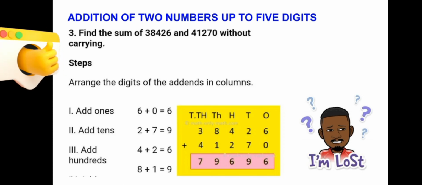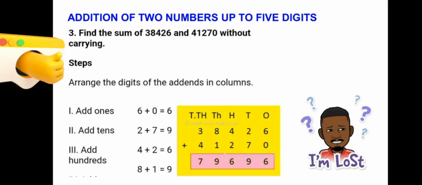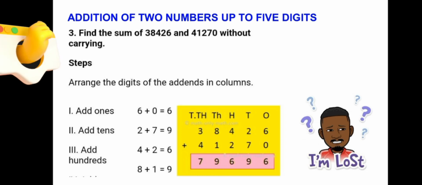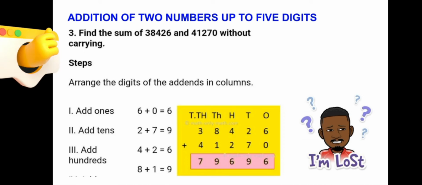So you arrange the digits of the addends in columns. So we have 62483 and 07214. So 6 plus 0 is 6, 2 plus 7 is 9, 4 plus 2 is 6, 8 plus 1 is 9, then 3 plus 4 is 7.